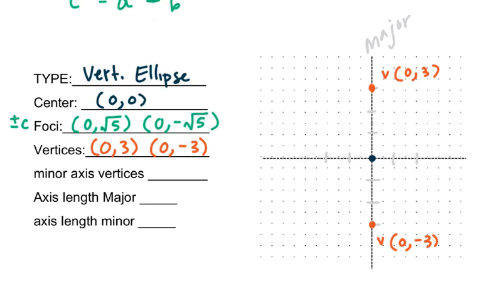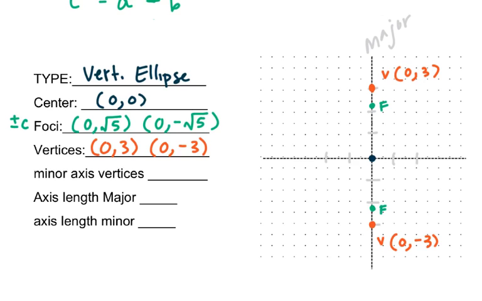The foci are also on my major axis. Square root of 5 is roughly 2.2. So I have one focus up 2.2 units off the center and one focus down 2.2 units off the center.